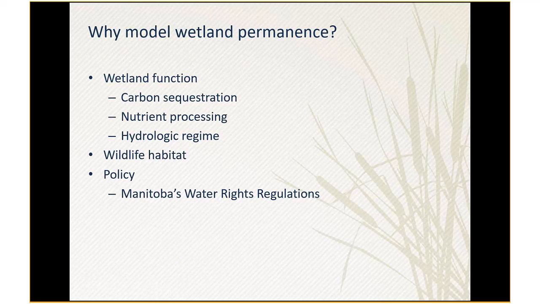Currently in the Canadian wetland classification in the CWI, there is no permanence, no ability in that model to assign permanence, given that it's really specifically a prairie thing.